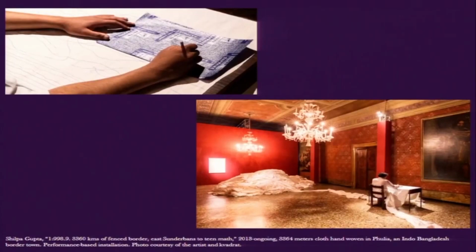The other performance I want to mention here is by Shilpa Gupta, which was displayed at the Venice Biennale in 2015-2016. In this one we find that Shilpa Gupta had looked into the borderline, again going back to this Radcliffe line which came up in Nalini Malani and Iftikhar Dadi's work.